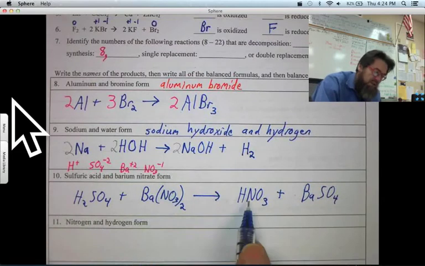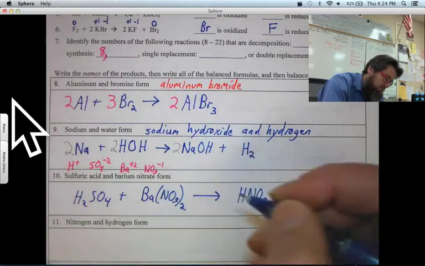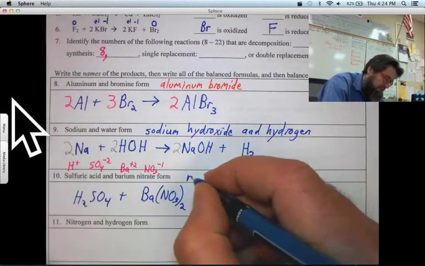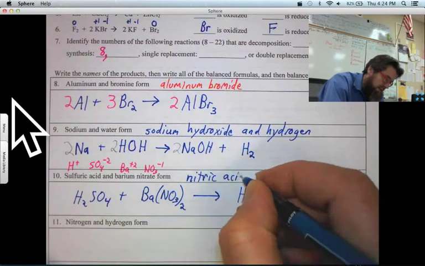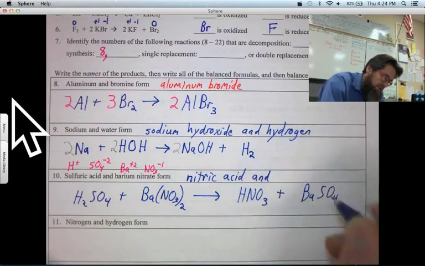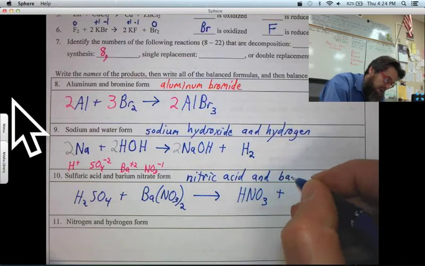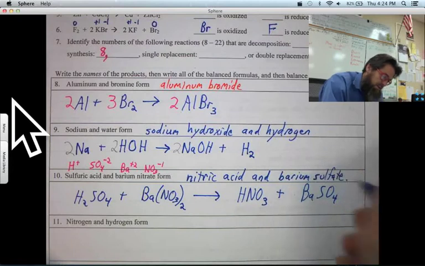You can either call this nitric acid or hydrogen nitrate. I'll call it nitric acid since we had sulfuric acid in the beginning, but could call it either. Nitric acid. And what else is formed? Barium sulfate. Ionic compounds, we just name the cation and anion. Barium cation and sulfate. So that is our English.